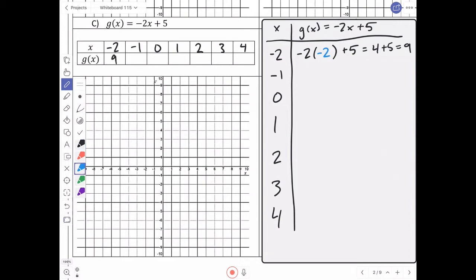Left 2, up 9. And -2 times -1 plus 5 is 2 plus 5, which is 7. So -1, 7.